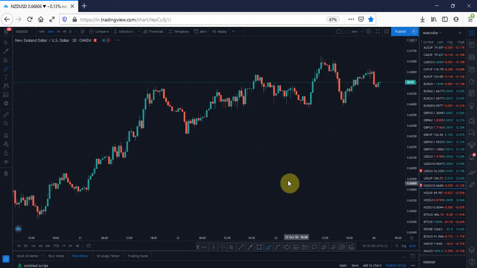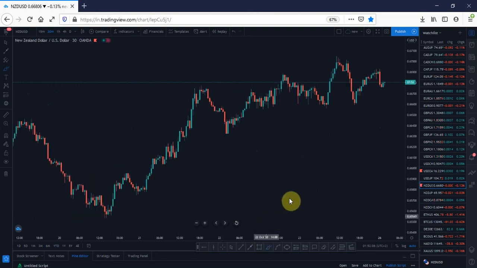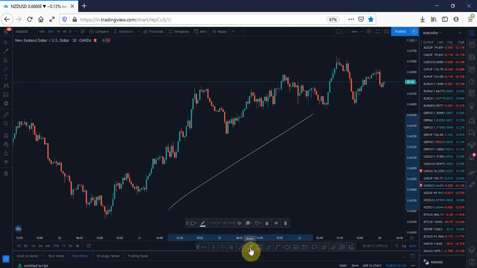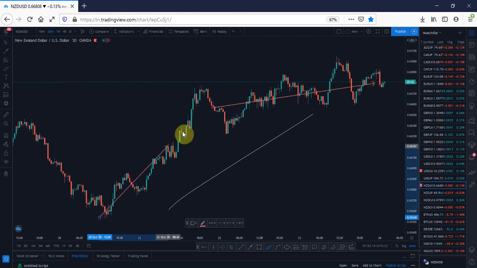Here is another example, where it was an uptrend. If you zoom like this, you can see the market moving up, but looking clearly you can see that from here going all the way, the strength decreased. Here there was so much strength, and then here there is less strength.